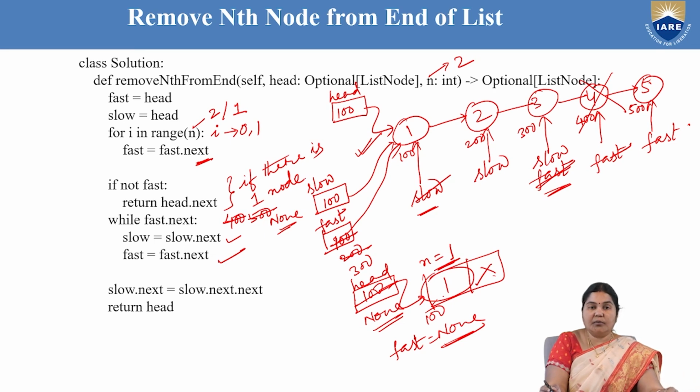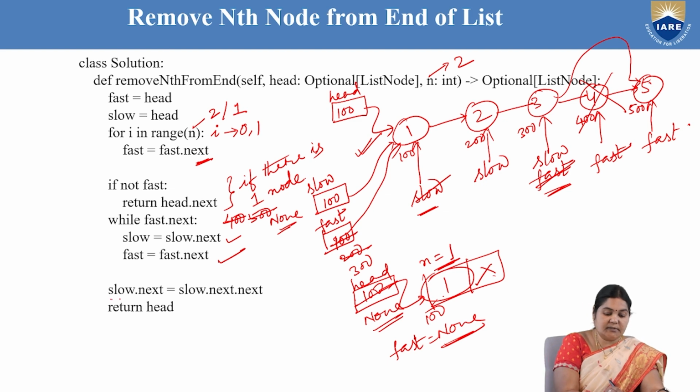Okay. Now what you will do? Deleting a node means connecting the node which is pointed by slow to the node which is pointed by fast. So you have to connect the third node to the fifth node. How will you do it? So we'll write down like this. slow.next is equal to slow.next.next. Slow.next is how much? 400. 400's next is 500.